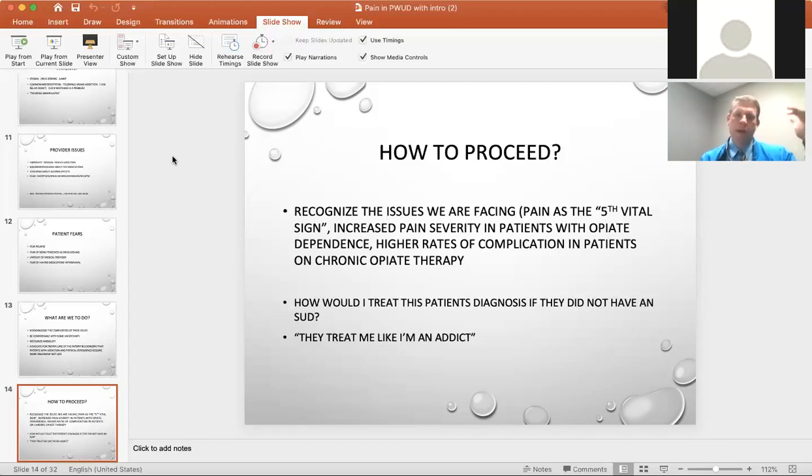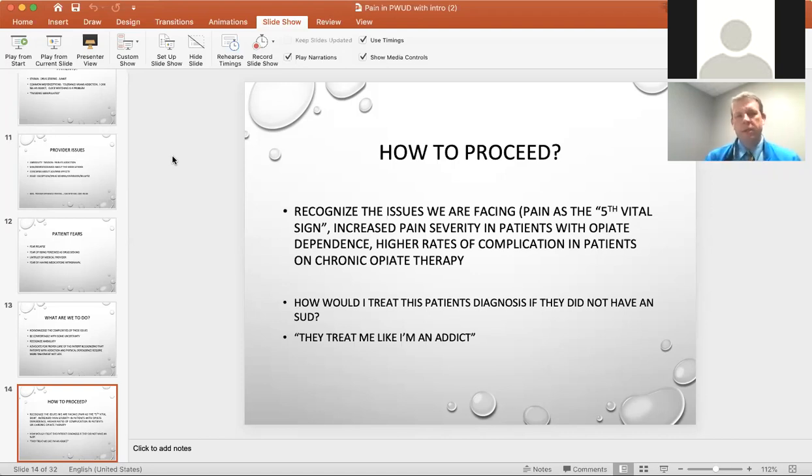Almost every intervention for pain that you can imagine, other than opiates, shouldn't really be that controversial for the most part. I'm obviously painting with a broad brush here, but it's the opiate that can cause some controversy, which I understand, and we're going to talk about a little bit more. But in general, we should be approaching these patients in a very similar manner to any other patient. It's very straightforward.